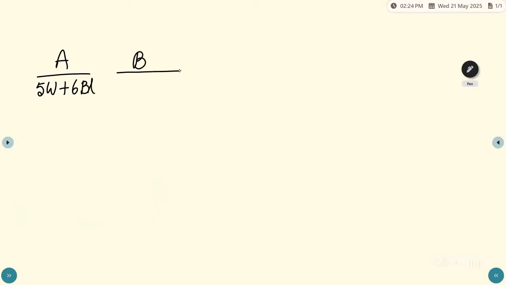Box B contains 6 white and 5 black balls. A ball is transferred from box A to box B.